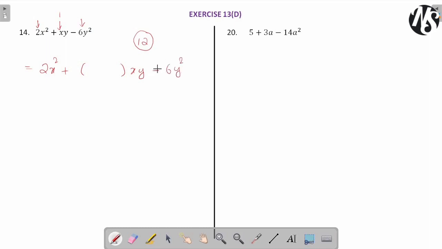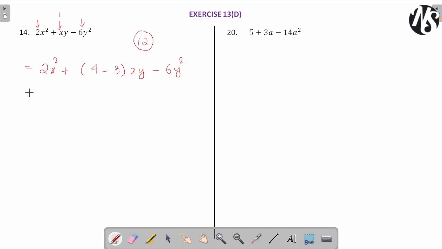You have minus sign here, so you will write minus. Now you will find two numbers whose difference, there is minus here, whose difference is going to be 1, and when you multiply those two numbers, you will get 12. Obviously the numbers will be 4 and 3, because 4 minus 3 is 1 and 4 into 3 is 12, isn't it?